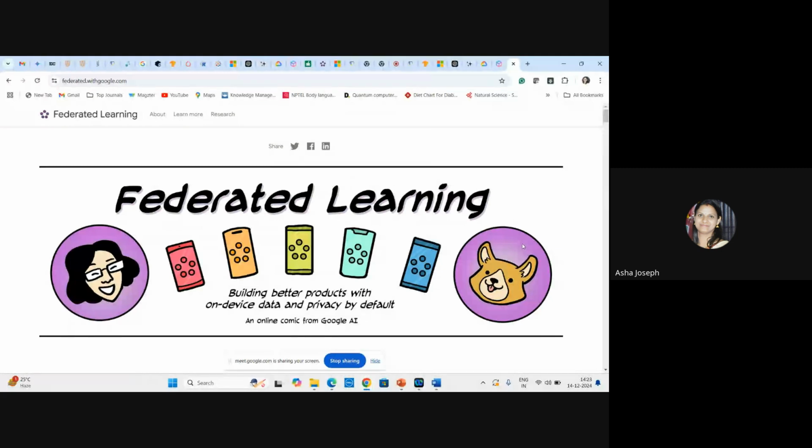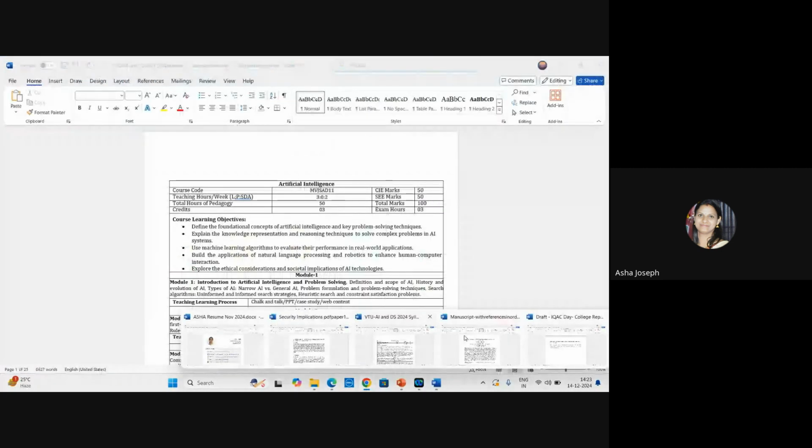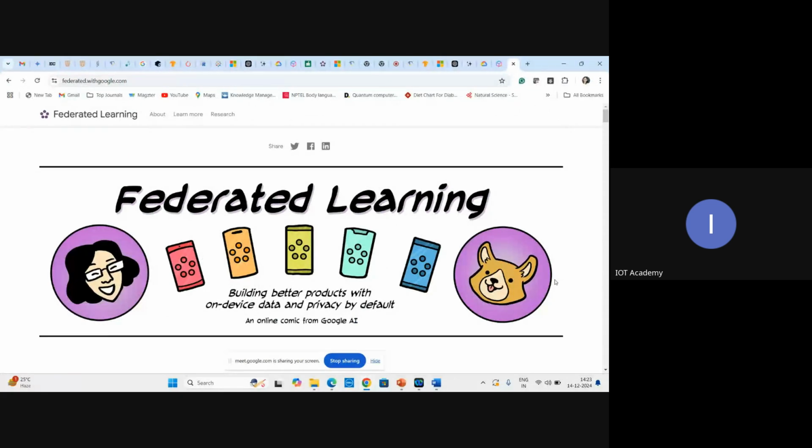So what is federated learning? You are able to see? Yes, ma'am. So in federated learning, you can see 5 mobiles are kept over there. So this is building better products with on-device data and privacy by default.